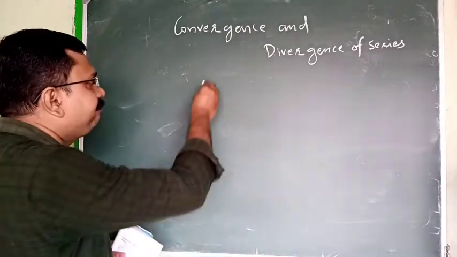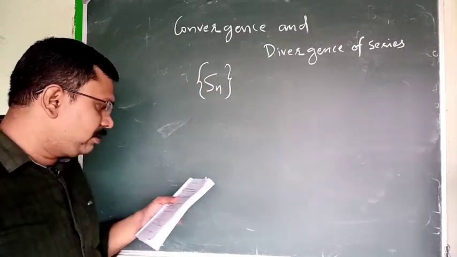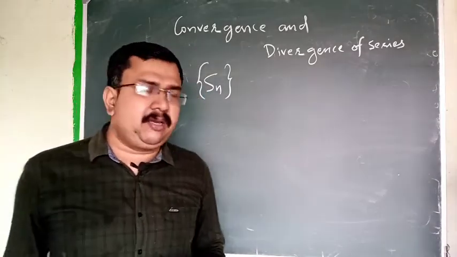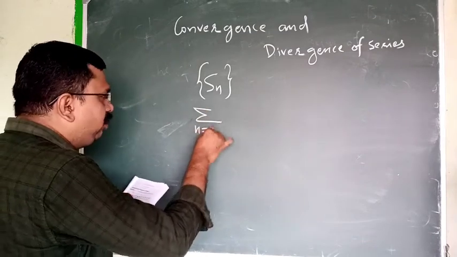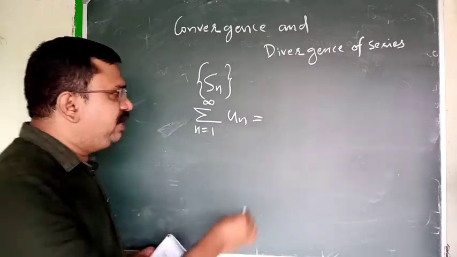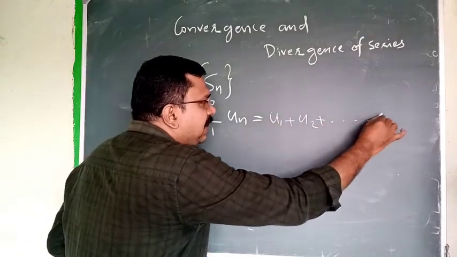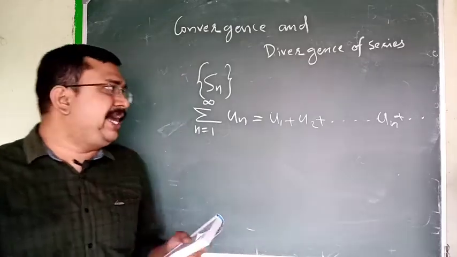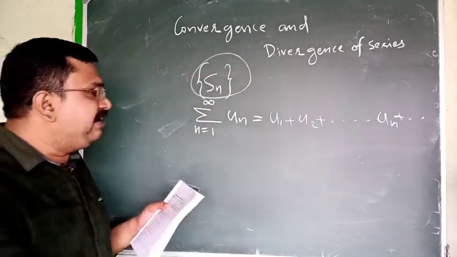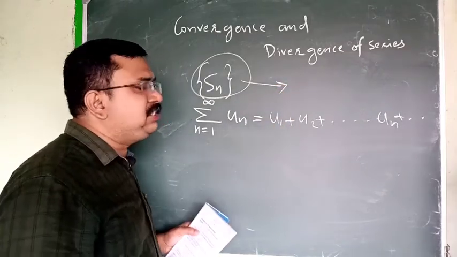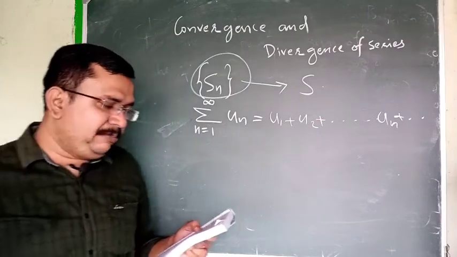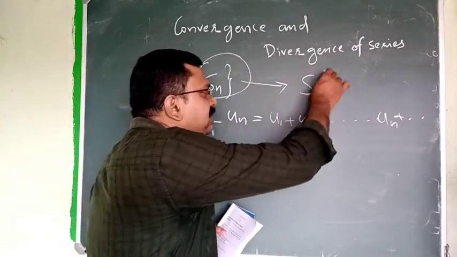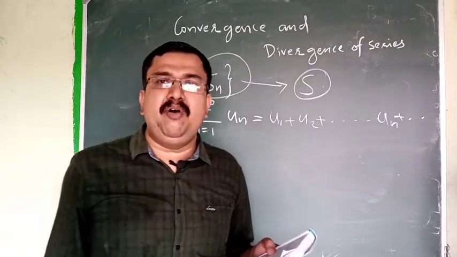Let Sn be the sequence of partial sums of the series sigma n equal to 1 to infinity un, which is equal to u1 plus u2 plus etc. un plus etc. Okay, if the sequence Sn converges to a limit S, then the series is said to be convergent to S, and this S is called the sum of the series.